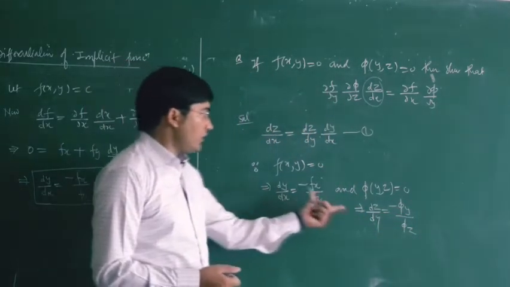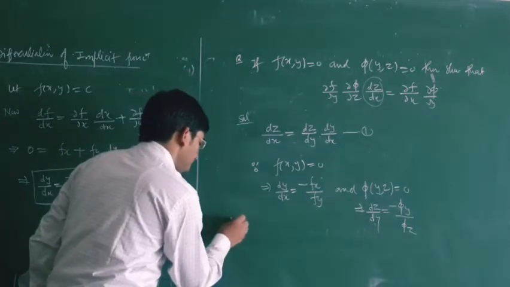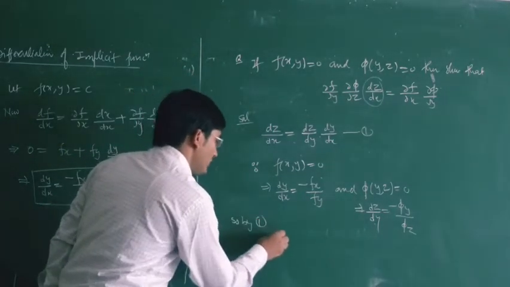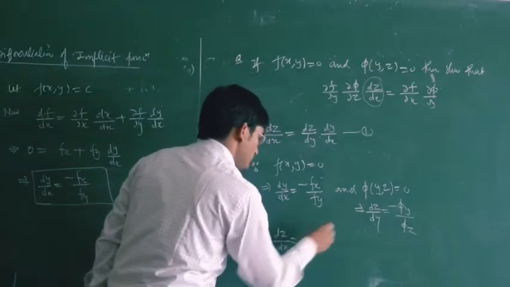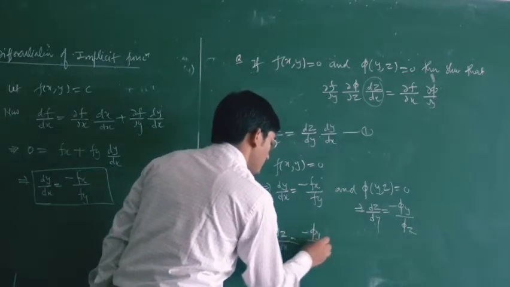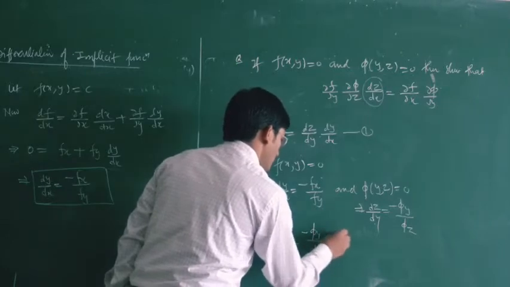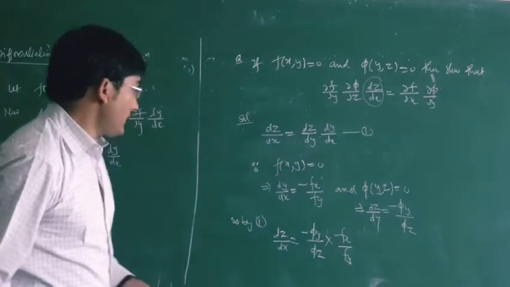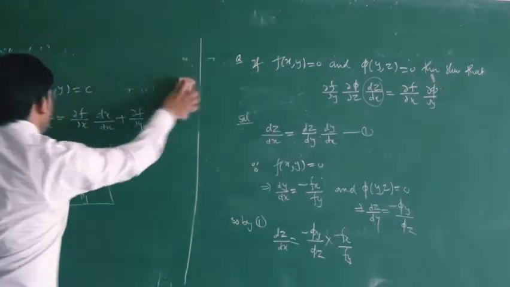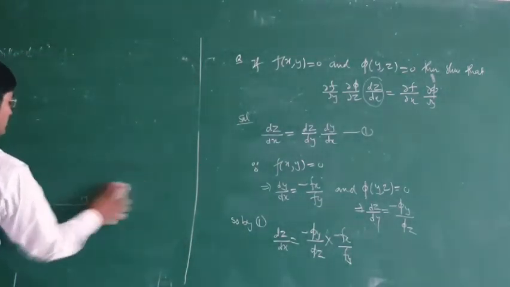Let us put these two values here. So by 1, dz/dx is equal to dz/dy, which is minus phi y upon phi z, into minus fx upon fy. So on cross multiplication we will get the required result.